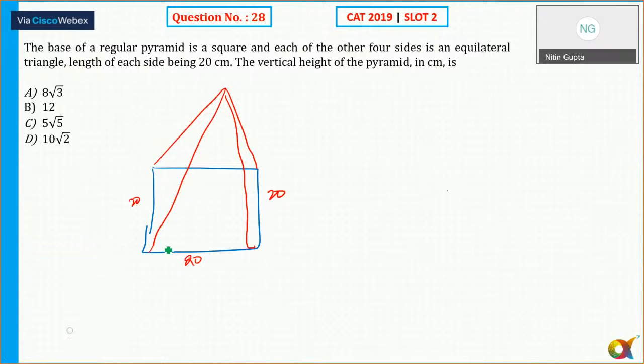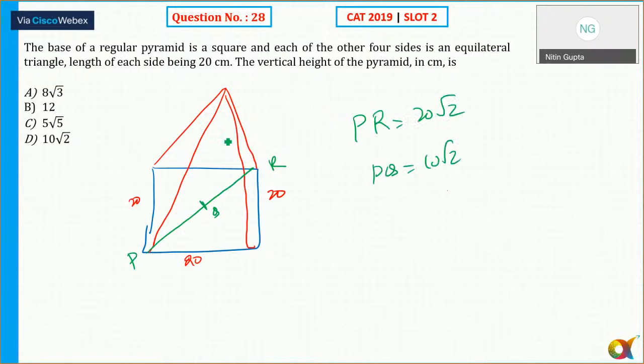This is point P and Q. This is S. The length of SQ is what I need to calculate, and PS is equal to how much? That is equal to 20.